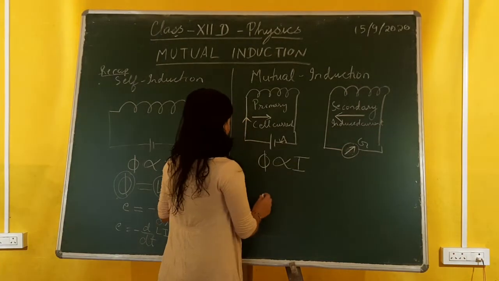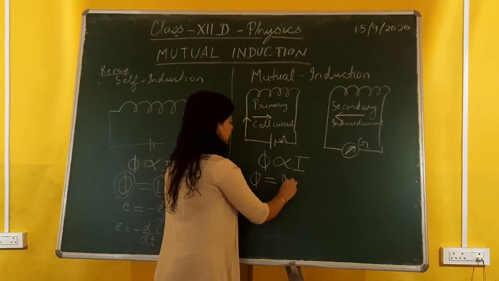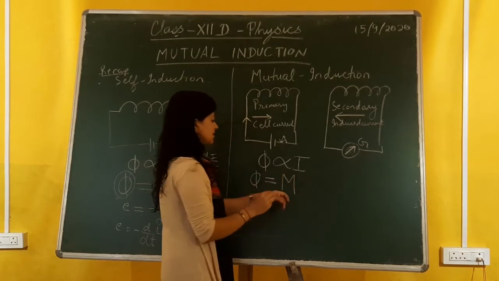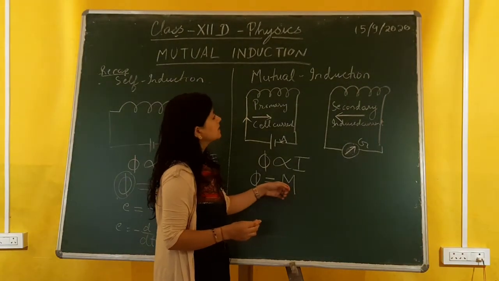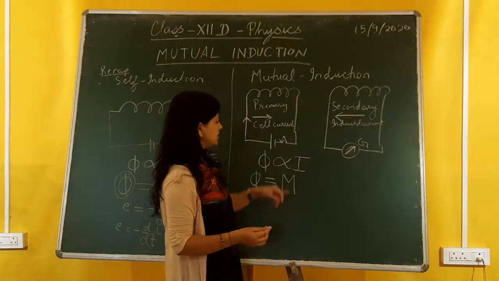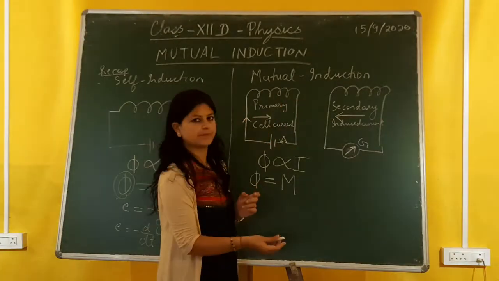If I just remove the sign of proportionality, I will just put a constant term. The constant term is called M, that is the mutual inductance. It is not mutual induction, it is either called mutual inductance or coefficient of mutual induction.